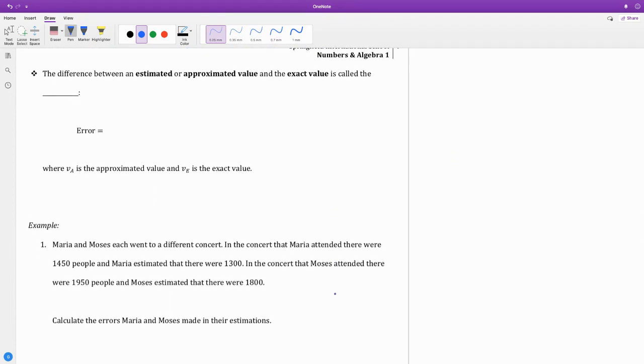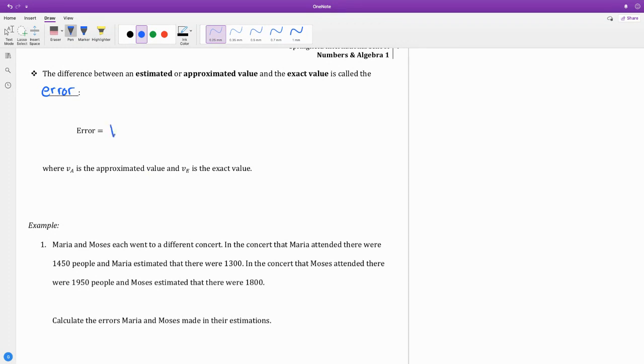Next, error and percentage error. The difference between an estimated or approximated value and the exact value is called the error. How to find error? Here is the formula. It is the difference between the estimated and the exact value.